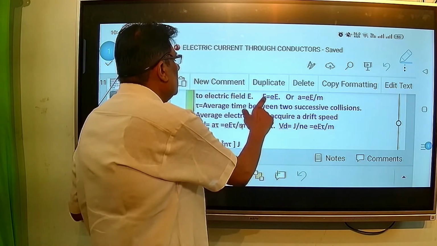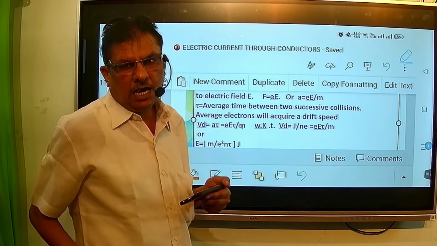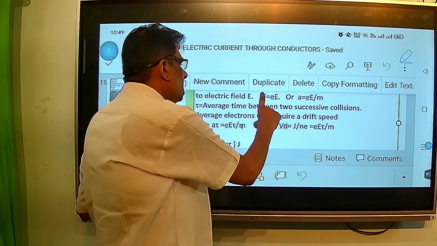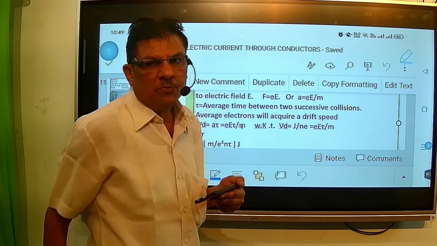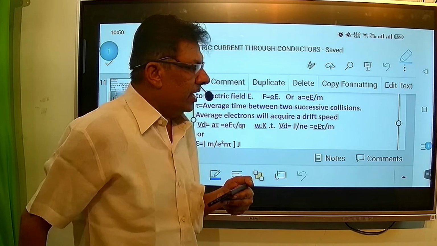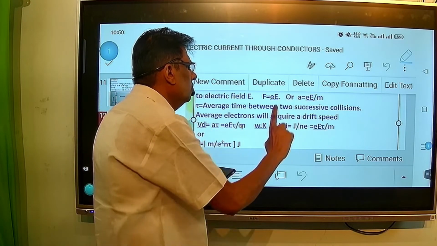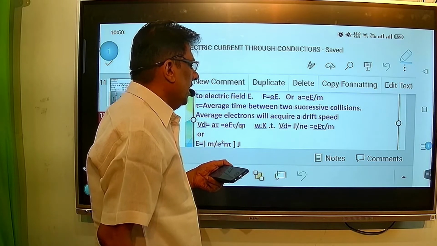F is equal to e into E. Now you are aware of what force is: force is nothing but mass into acceleration. So I substitute it, and I get a is equal to eE upon m.